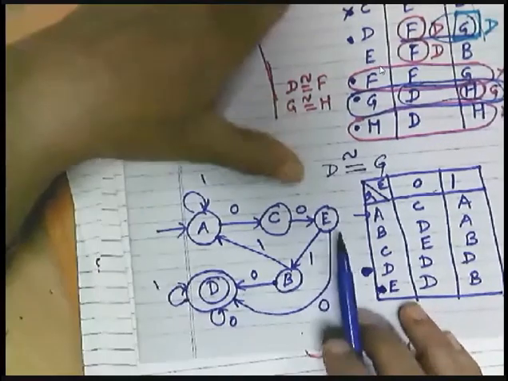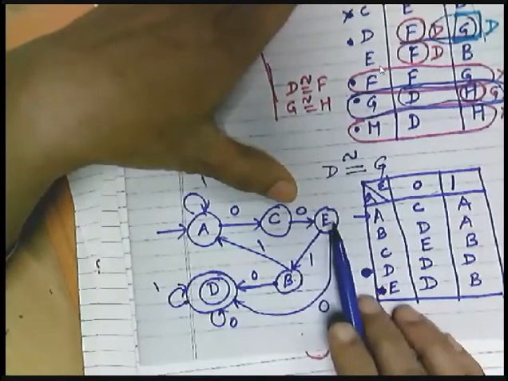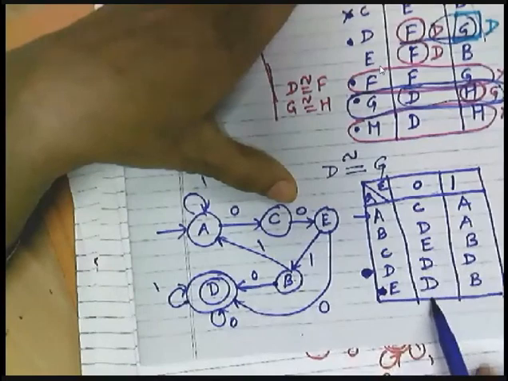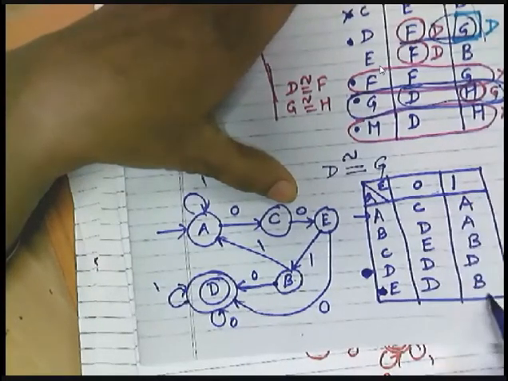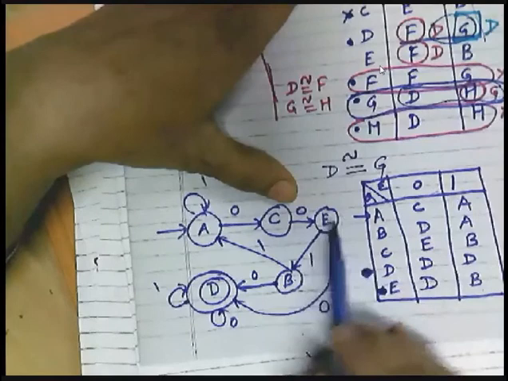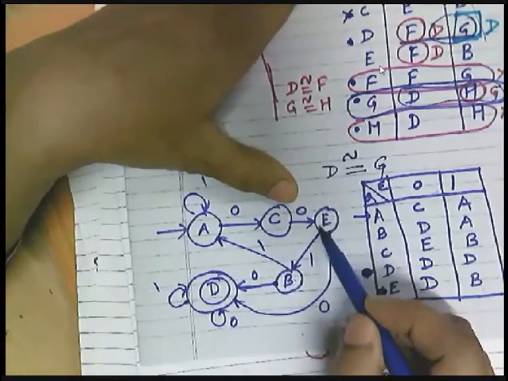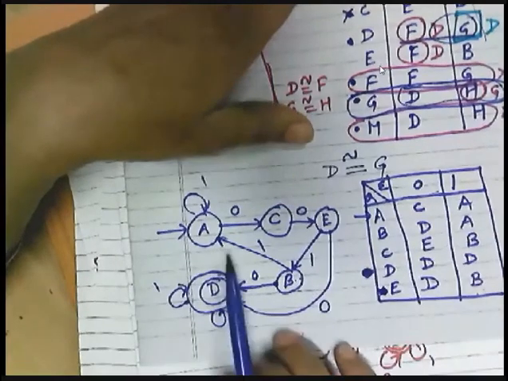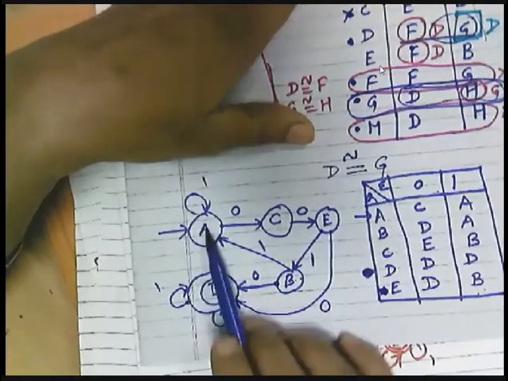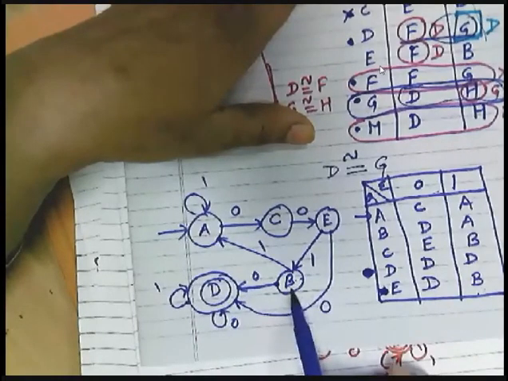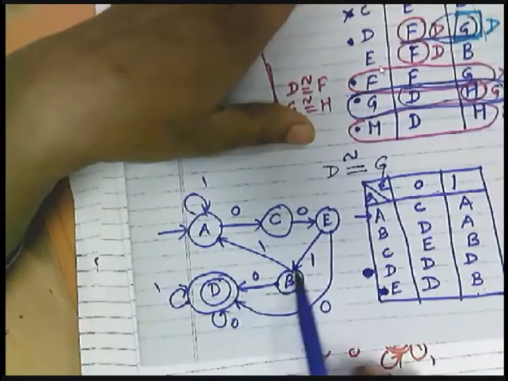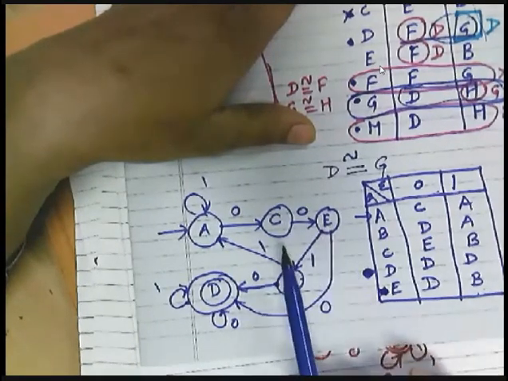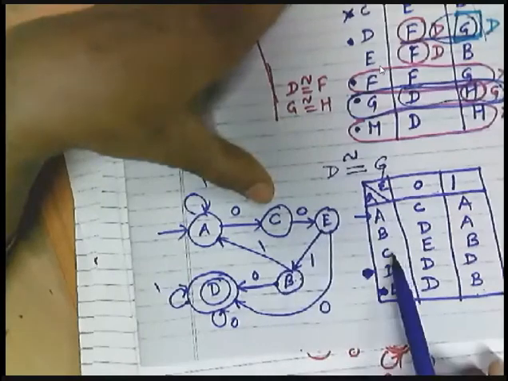Turn E on 0 moves to D and E on 1 moves to B. So have I considered all the transitions? A on 0, 1, B on 0 and 1, C on 0 and C on 1.